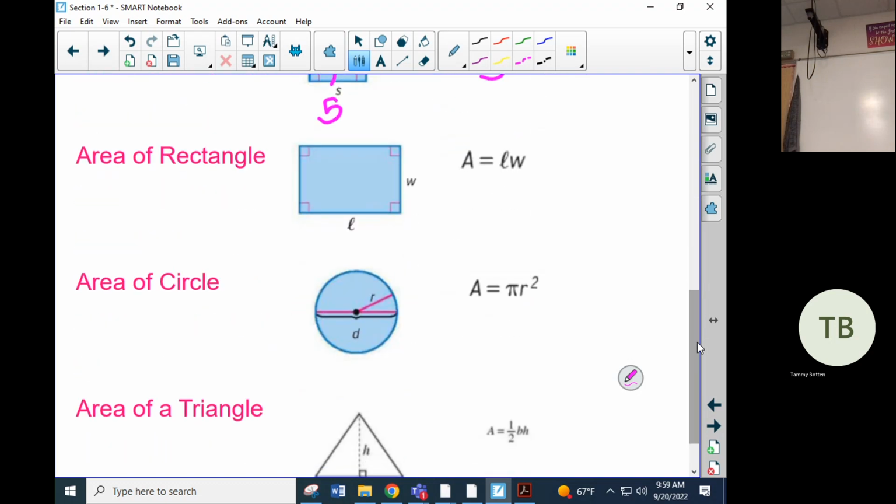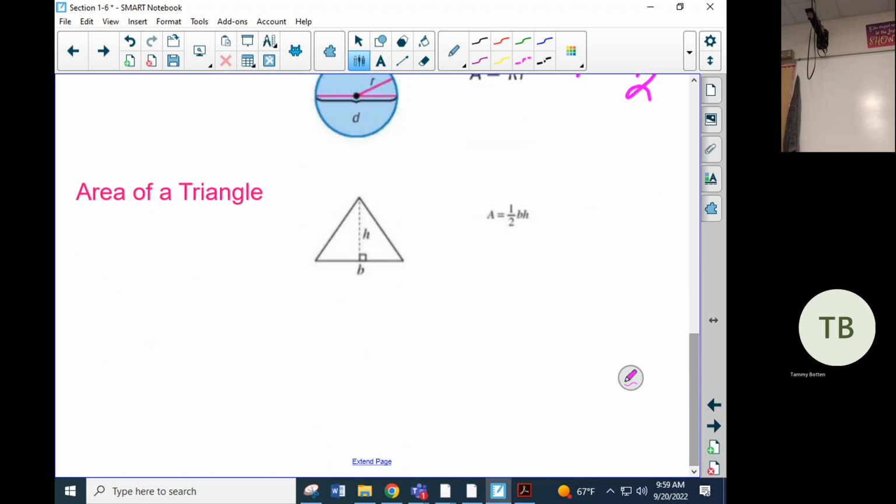The area of a rectangle is just length times width. For the area of a circle, you have to know the radius. If they gave you the diameter, the radius would just be your diameter divided by 2.